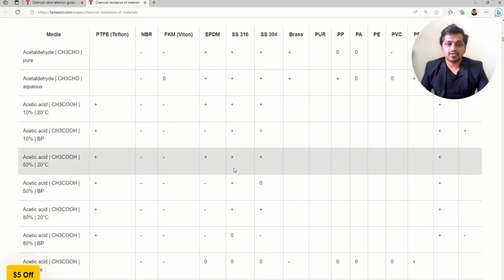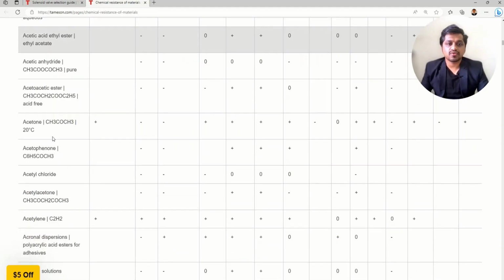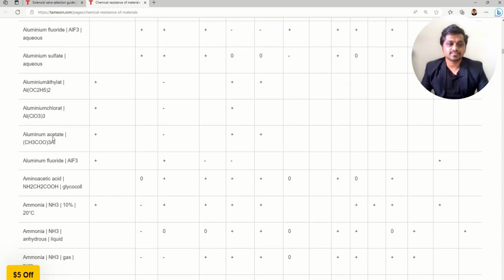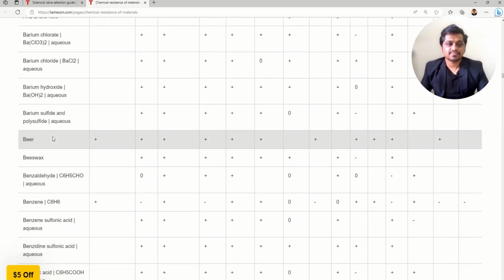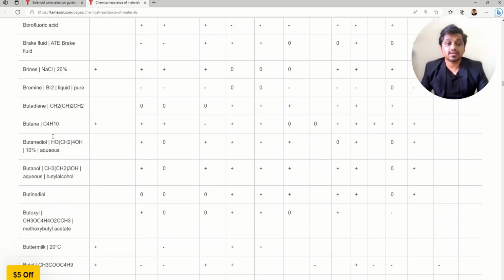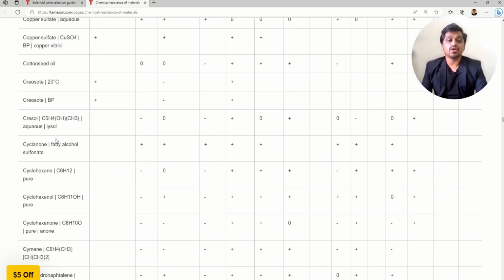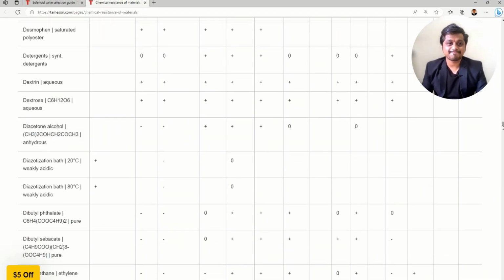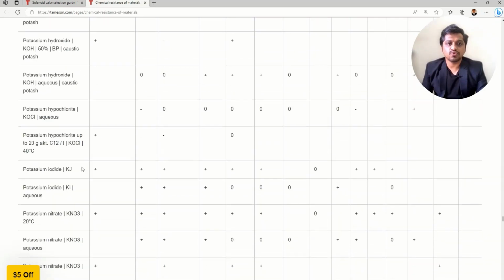And likewise you can check out all the other different materials over here, the different solids, then some liquids, gases, and all those things are mentioned over here, right? So this is very helpful and you should know this.